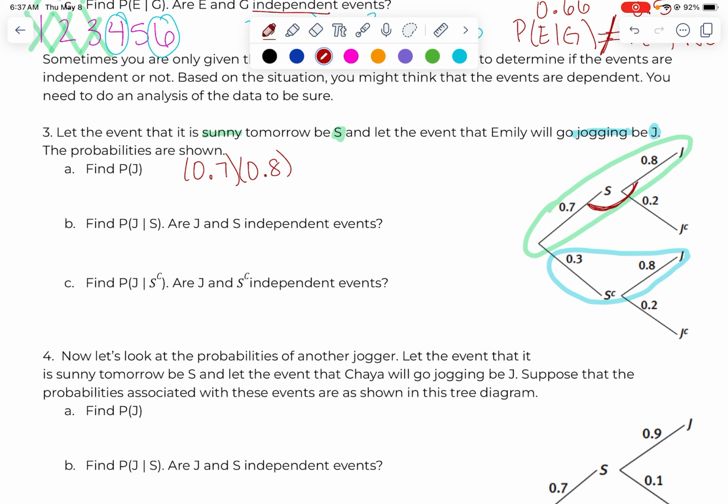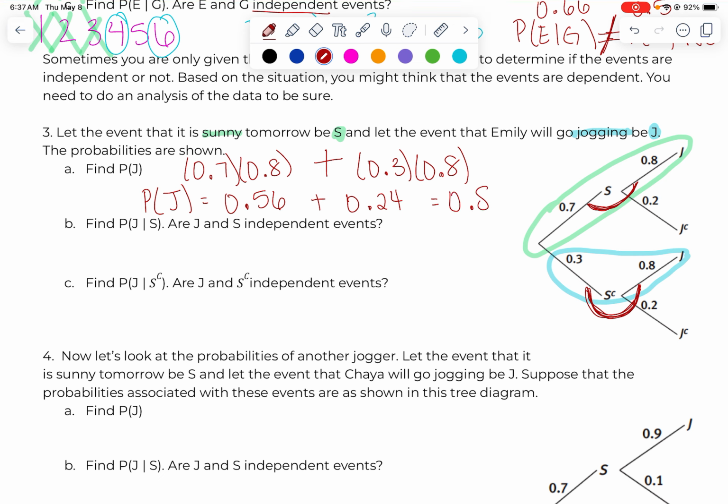But then we also have to add multiplying these two branches together for that S complement. So 0.3 times 0.8. So now this is where we plug them into the calculator. So the probability of J is 0.56 plus 0.24, which adds up to 0.8.